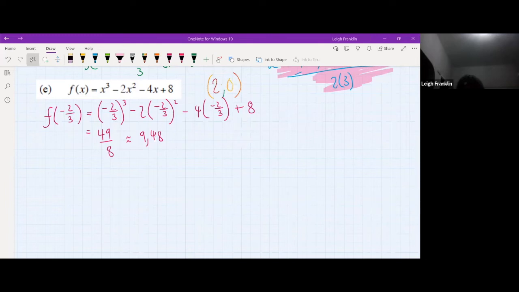So from looking at the f of x equals x cubed minus 2x squared minus 4x plus 8, how do I know what shape cubic function I'm supposed to draw? A smile. That's one way of looking at it. Okay, but I wonder when you say it's a U shape, okay.